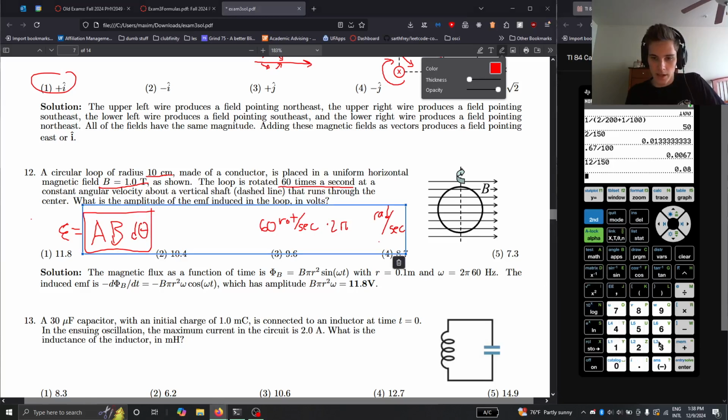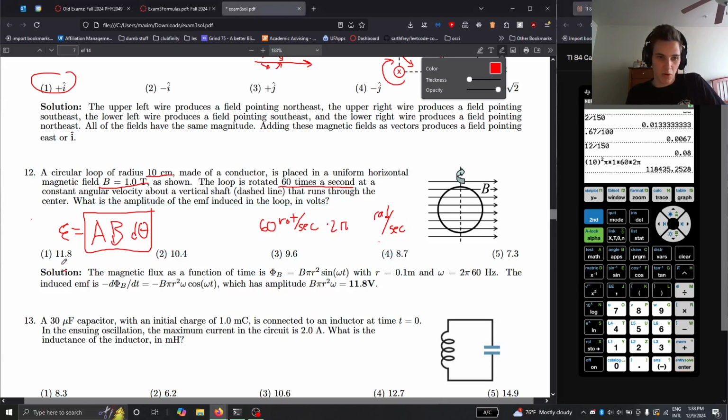First we need the area, which is going to be 10 squared times pi, times 1 for our magnetic field, and then d theta, which is going to be the 60 times the 2 pi, which gives us 11.8, more or less. If we had just adjusted for this, that would have been right on with the magnitude, but again, we care about the 11.8.